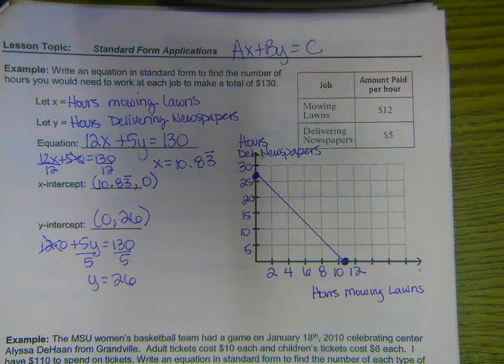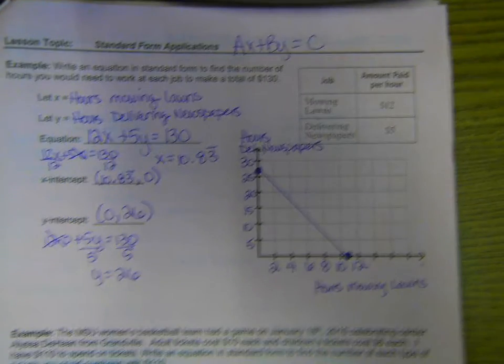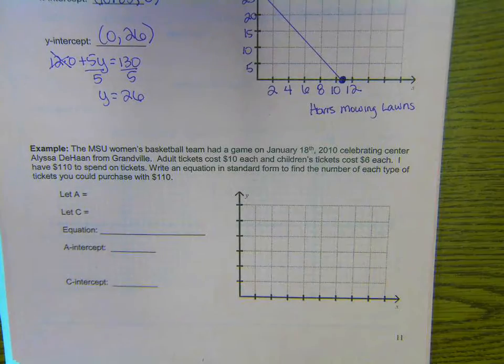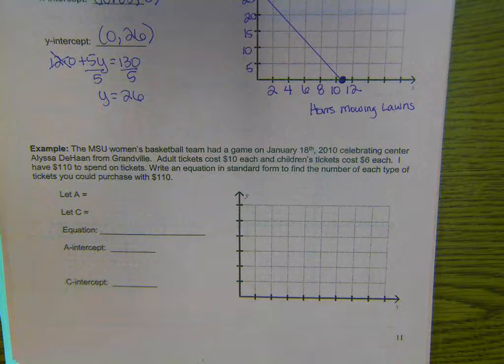Good. Let's take a look at the second one then. Alright, so the MSU women's basketball team had a game on January 18, 2010, celebrating Alyssa DeHaan from Granville. I don't know if you remember that, or have ever watched her play.